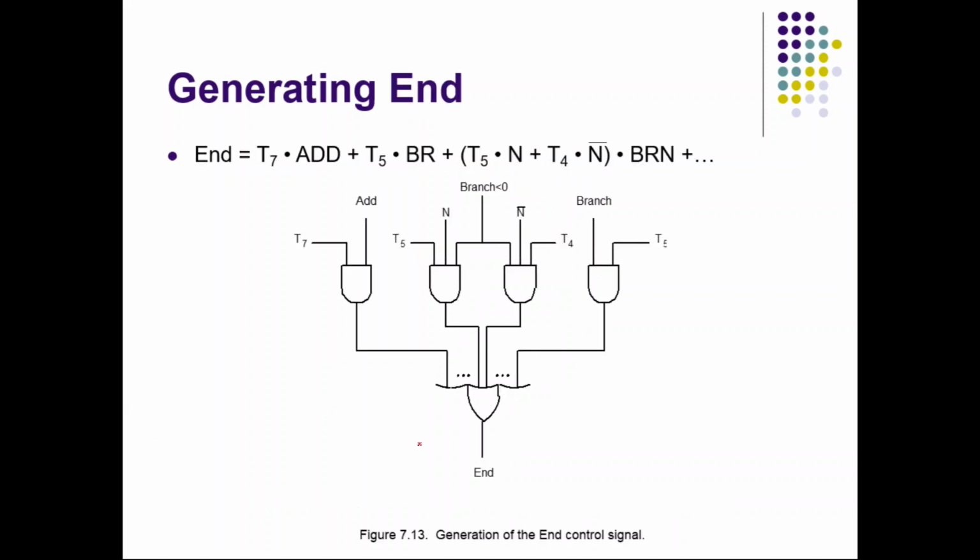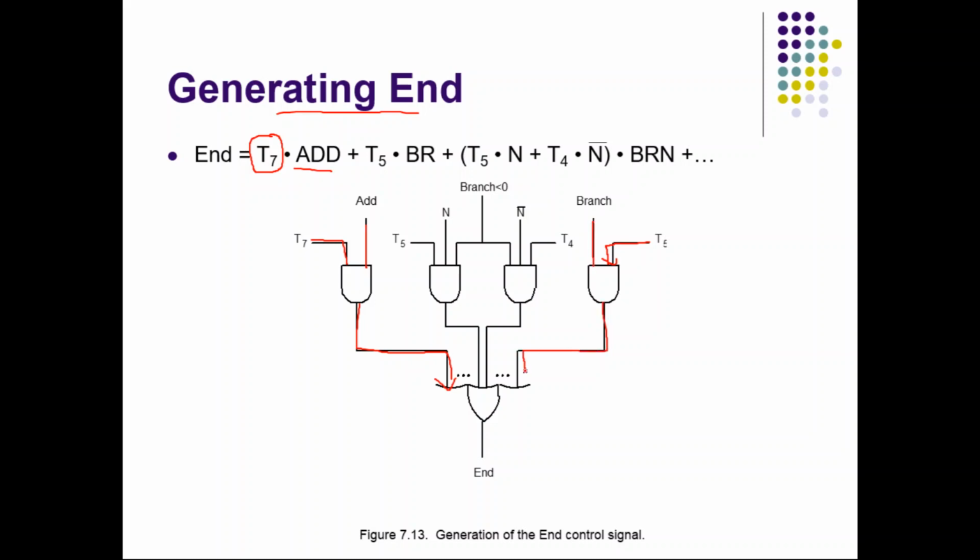Similarly, here is another example, for generating an end command. Whenever at T7 there is an add instruction, we will go to end. Similarly, at time 5, if there is a branch instruction, then we will go to end.